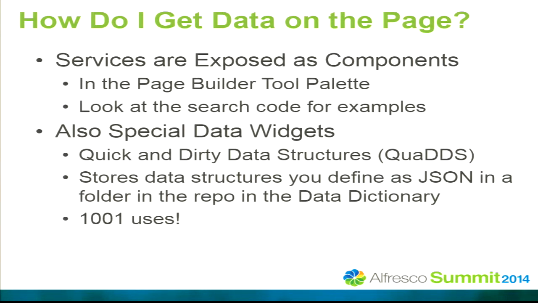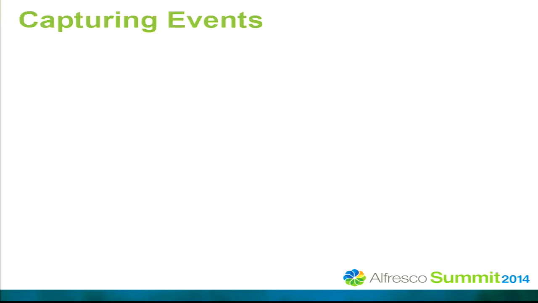A lot of people used to use the other data structure thing that we had to set up different types of dynamic drop-downs and that type of thing. Now you can actually use this, which gets stored as JSON right in the data dictionary, and it's kind of a cool little feature that he built. And so there's a whole bunch of different types of uses for quads.